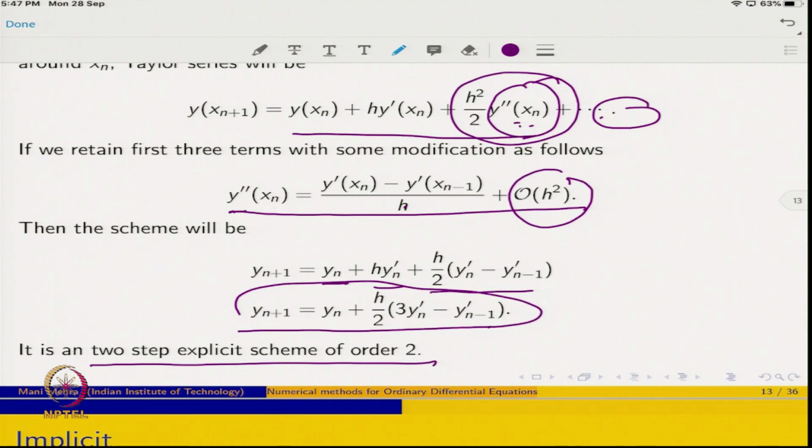What is the meaning of two step? Like if I am going from y0 to y1 in one step, this is called a single step method, one step method.